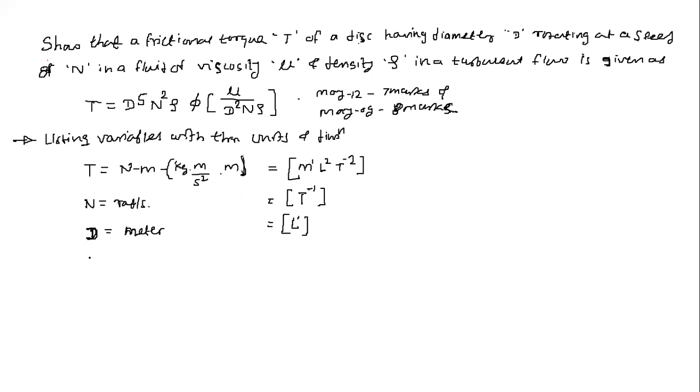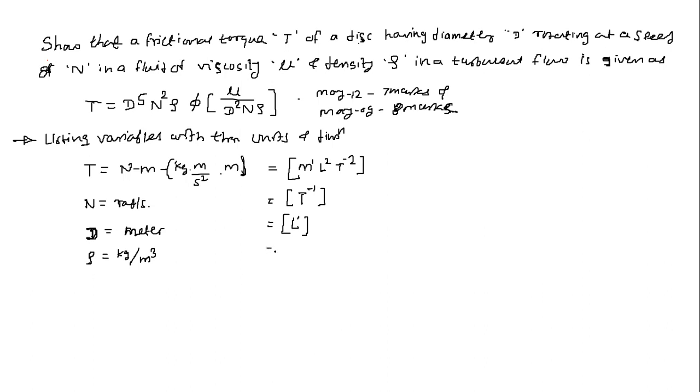Density we will go for now. So density has the unit kg per meter cube. Density is mass upon volume. Mass has the unit kg and volume has the unit meter cube.